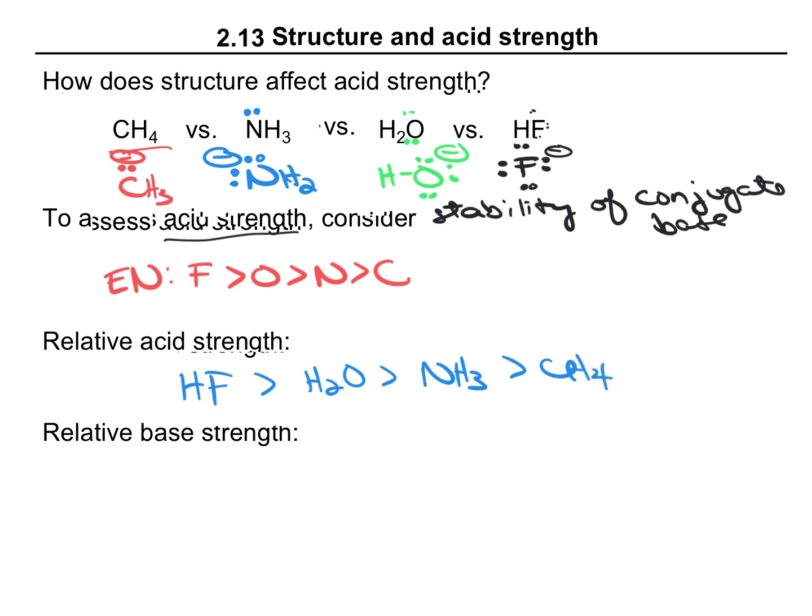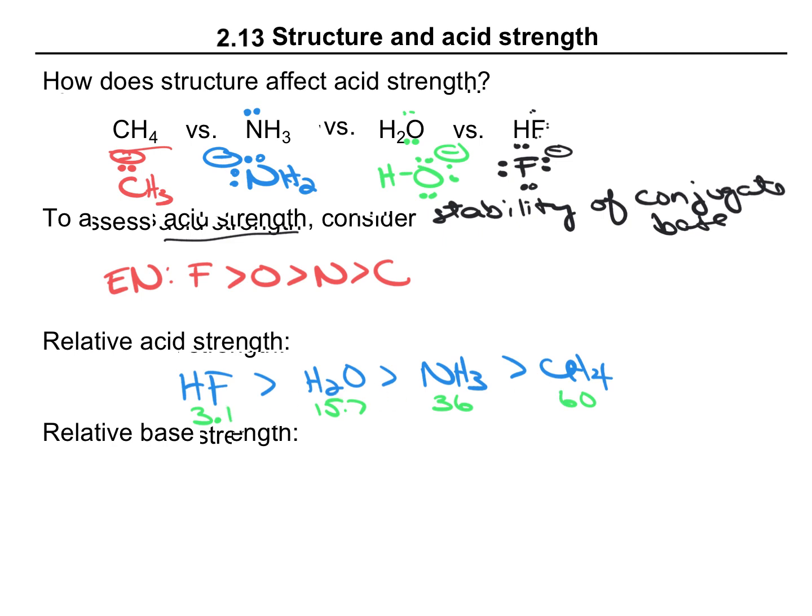And if you'd like to put a number to that, HF has a pKa of 3.1, water is 15.7, ammonia is 36, and methane is 60. So a significant difference in pKa values, and as we are comparing across the periodic table, the strength increases as the electronegativity increases.